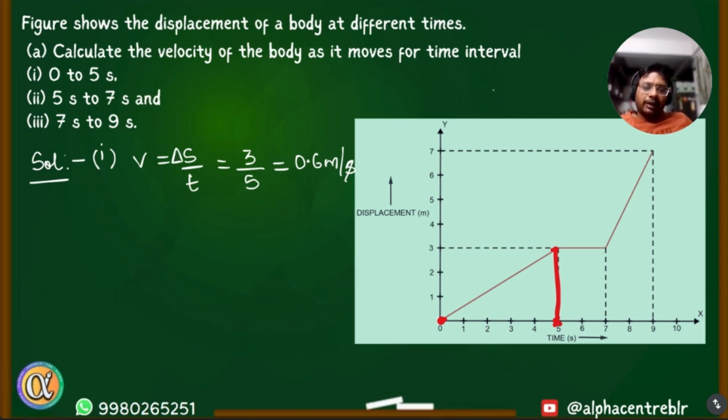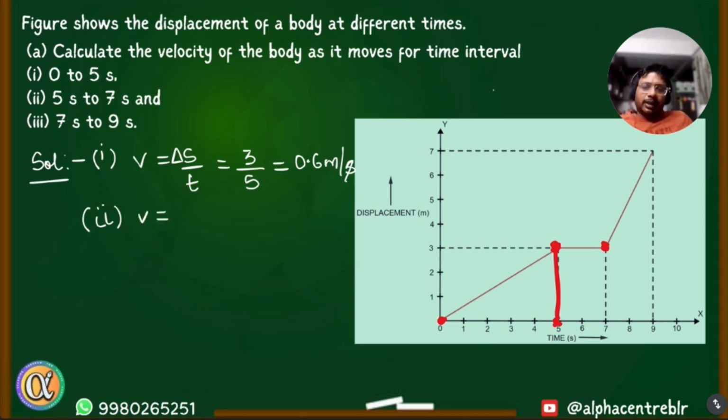See, at the beginning of 5 second, displacement is 3. And at the end of 7 second also displacement is 3. So what is change in displacement? From 3 it changes to 3. Did it change at all? No. So when there is no change, we say change is 0. Yeah, 0. Correct.